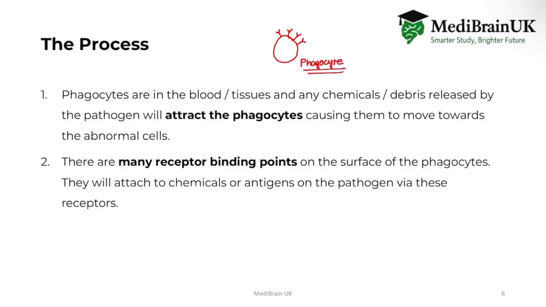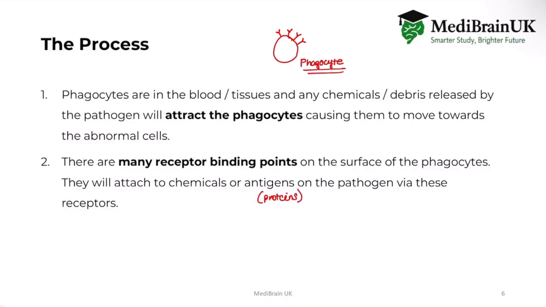On this phagocyte, as I mentioned, there are many receptors, and these receptors will bind to chemicals or antigens. We're going to go through the definitions, but antigens are just proteins.